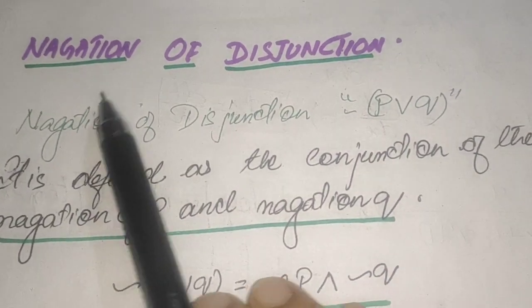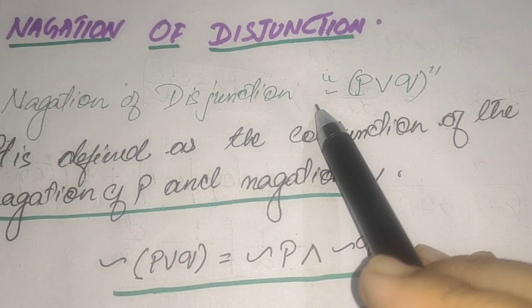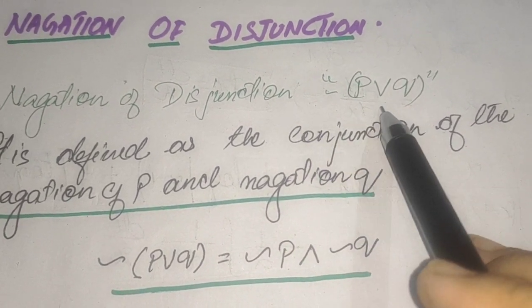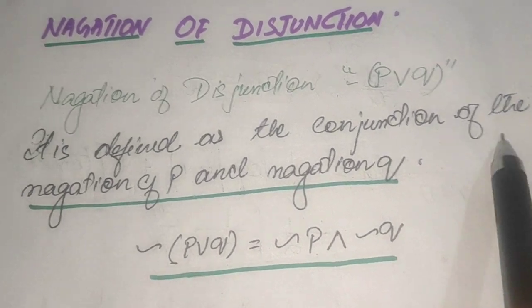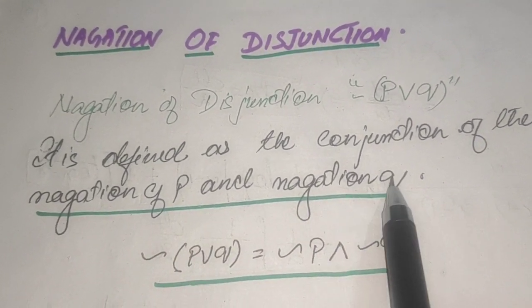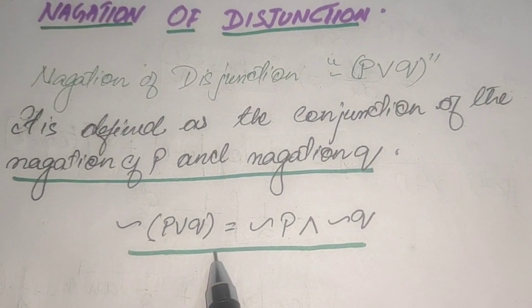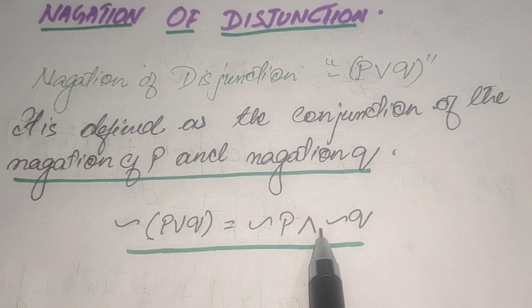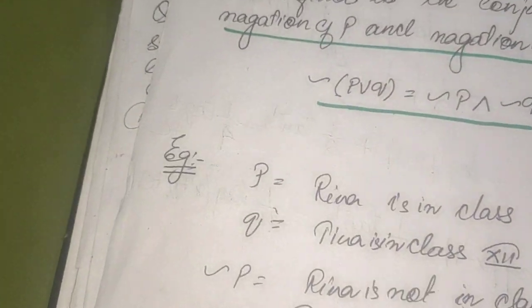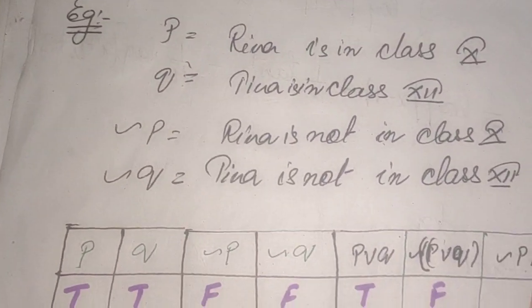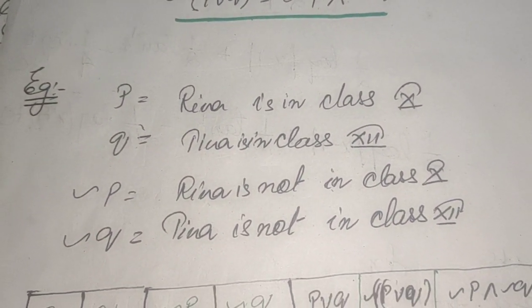Next topic is negation of disjunction. Negation of disjunction, we define as negation of P or Q. It is defined as the conjunction of the negation of P and negation of Q. In other words, negation of P or Q is equal to negation of P and negation of Q. This particular statement we can prove, we can show it through a truth table.